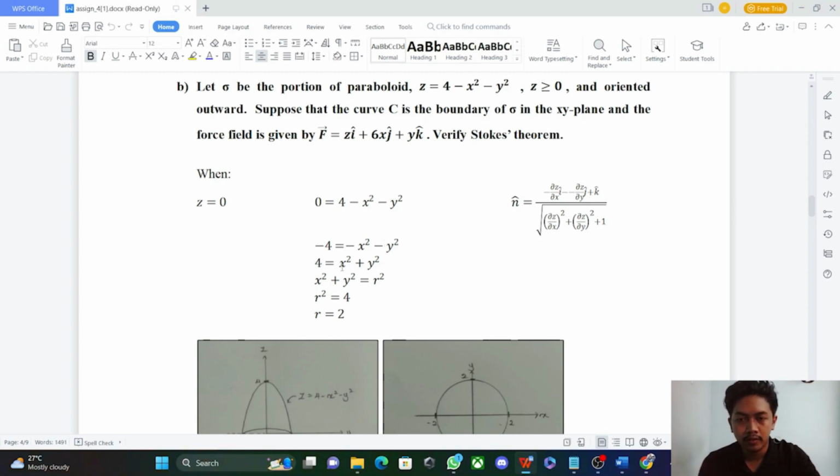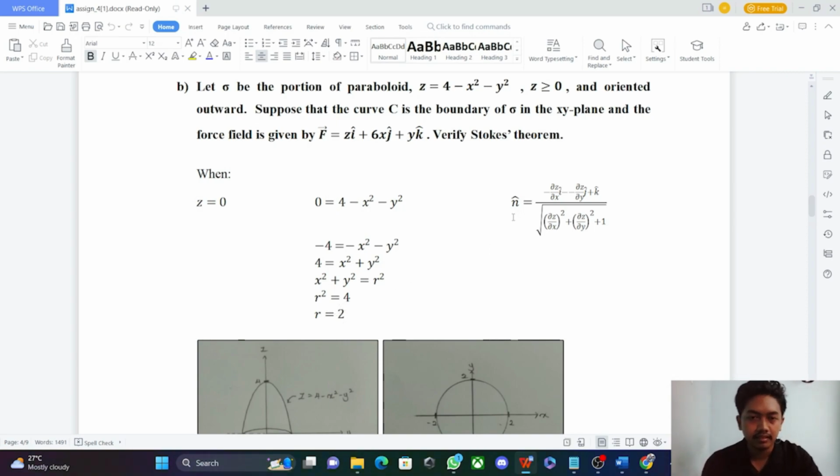We got 4 equals x squared plus y squared. As we know, x squared plus y squared equals r squared. And change this equation to r squared. We got r squared equals 4. And the answer is r equals 2.